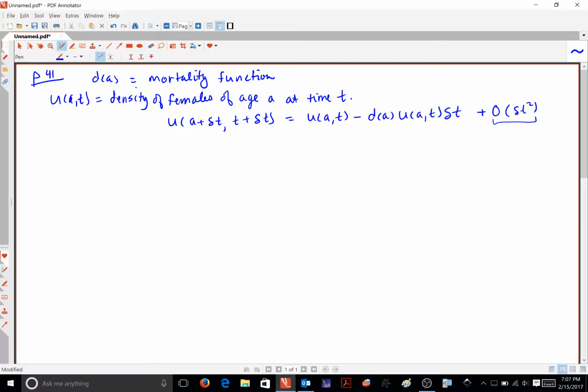And they specify that d is a mortality function, d(a) delta t plus O of delta t squared is the probability of an individual of age a dying in the next small interval of time.